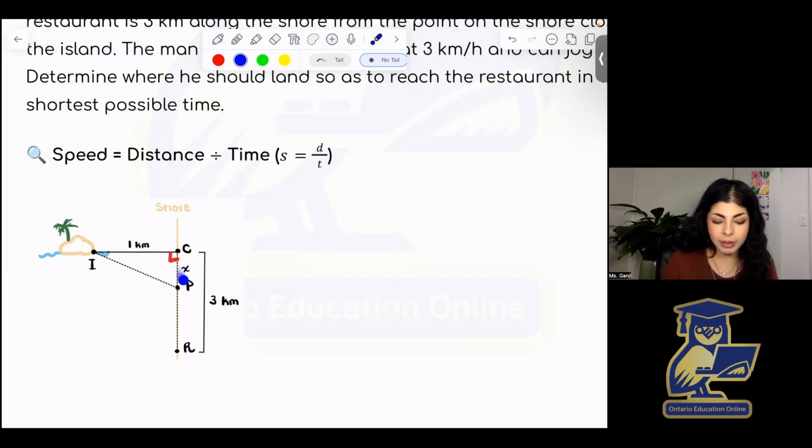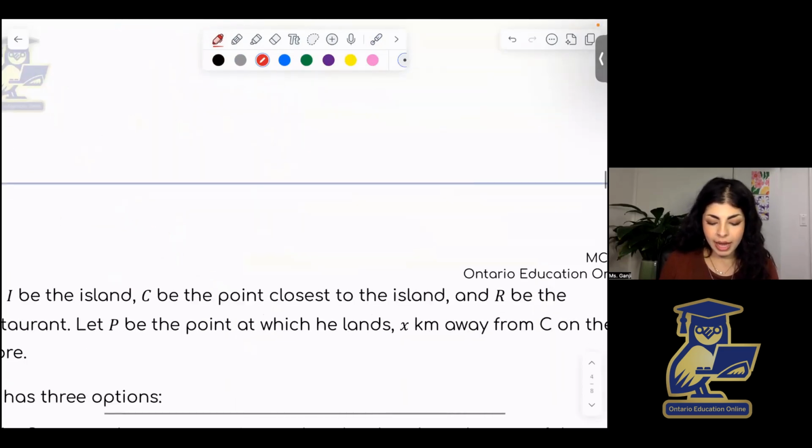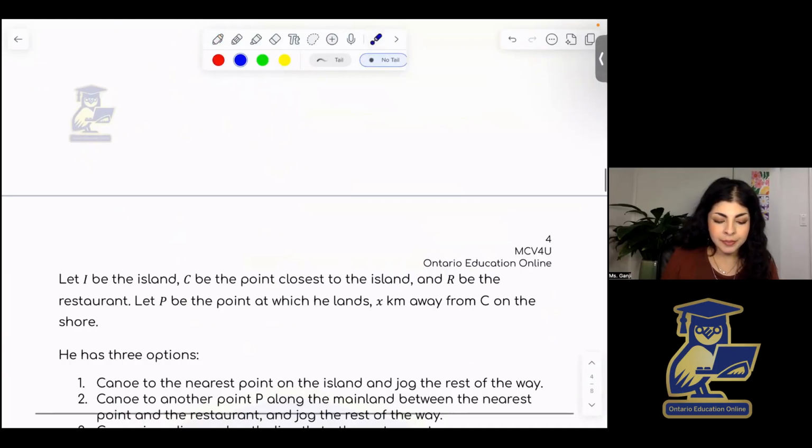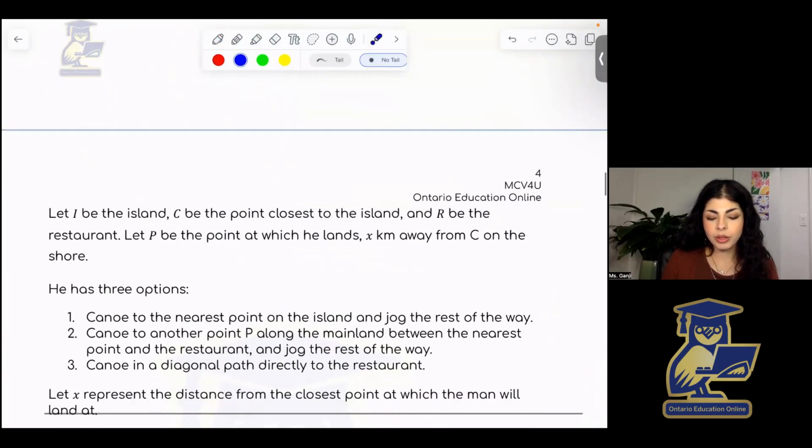And this is going to help us now create a function in terms of one variable because we have x here, and this would be 3 minus x kilometers. And so again, I've defined my variables here. So I is the island, C is the point closest to the island, R is the restaurant. And now let P be the point at which he lands. And this is x kilometers away from C on the shore.